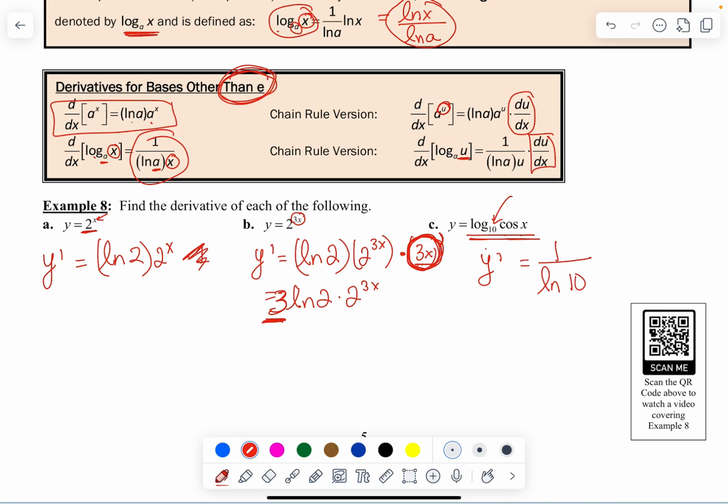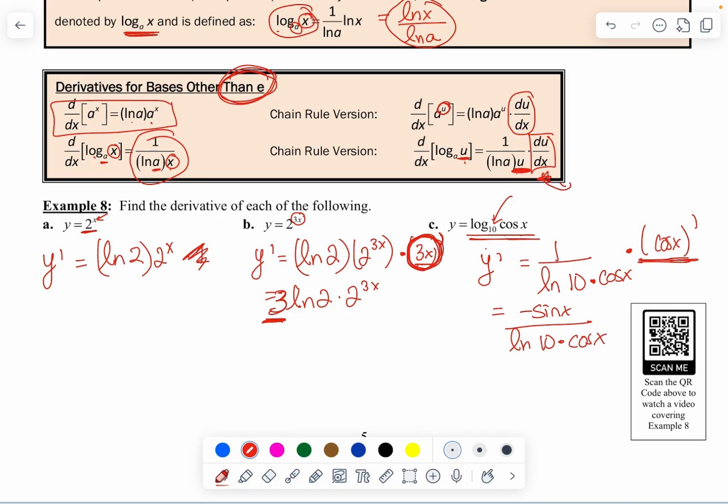So 1 over ln of 10 times the x part, or the u part, which is cosine of x. But of course, you cannot forget to take the derivative of the inside function. And that's going to be the derivative of cosine of x. So we end up with negative sine x over ln of 10 times cosine of x.